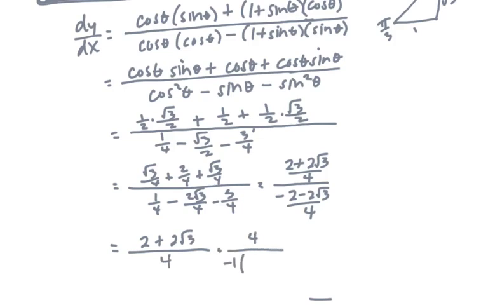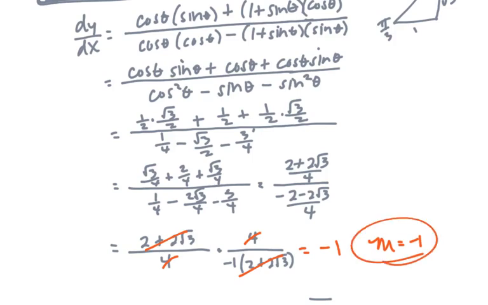Let's factor out a negative 1, and we have 2 plus 2 square root of 3. Now, if you look carefully, these fractions cancel. The parentheses cancel because they match exactly. The 4's cancel, and we get negative 1 for our slope. Isn't that a great slope? So our slope is negative 1, and that's what they asked us to find.